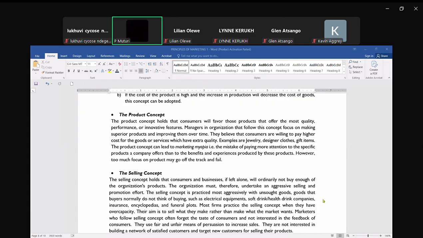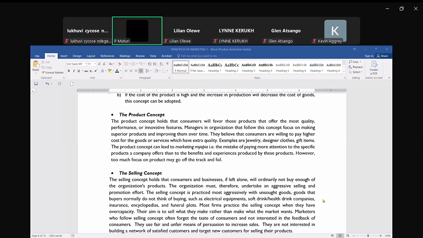Think about insurance, life insurance. There's a lot of aggressive selling that happens around life insurance because nobody wants to think about death or what will happen to them when they die. It's not something we want to go shop around for. So you find the companies in this business must do aggressive selling.